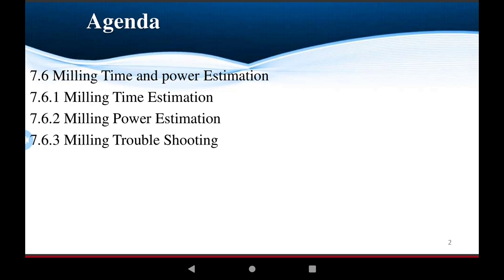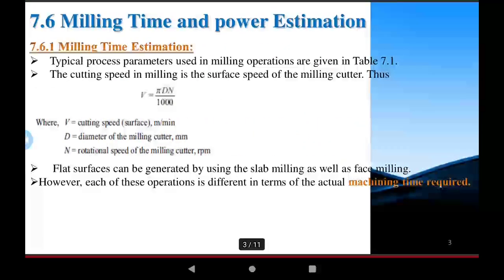We discuss some important factors and derive the formulas and analysis for the milling cutters and milling operation. Milling time and power estimation values depend upon the milling cutters.